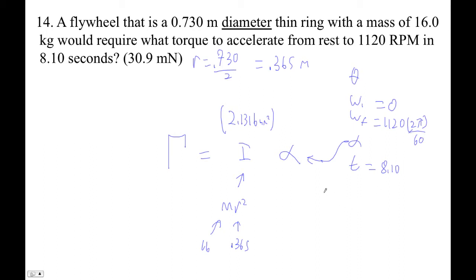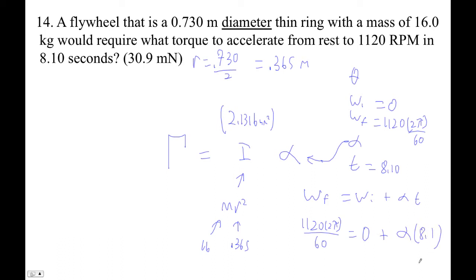Omega final is omega initial plus alpha t, so 1120 times 2 pi over 60, converting RPMs to radians per second, is 0 plus alpha times 8.1.